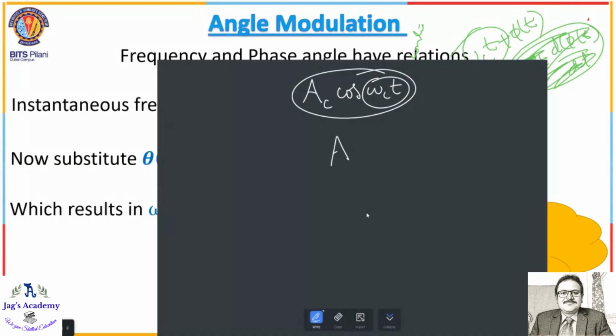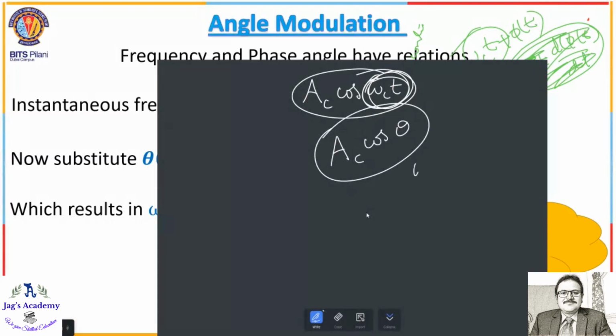Actually, it is AC cos of theta. This is the entire cos, it is theta. We are writing in terms of frequency with respect to time, but actually it is AC cos theta.